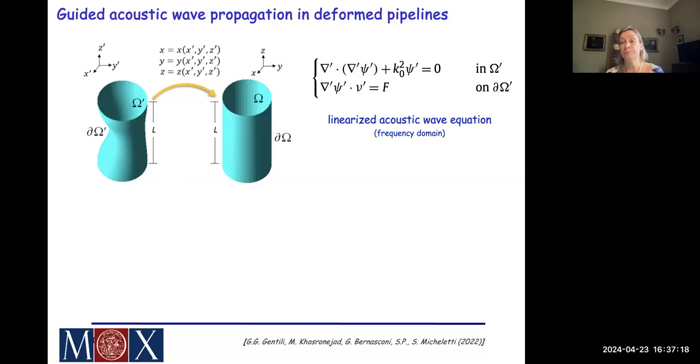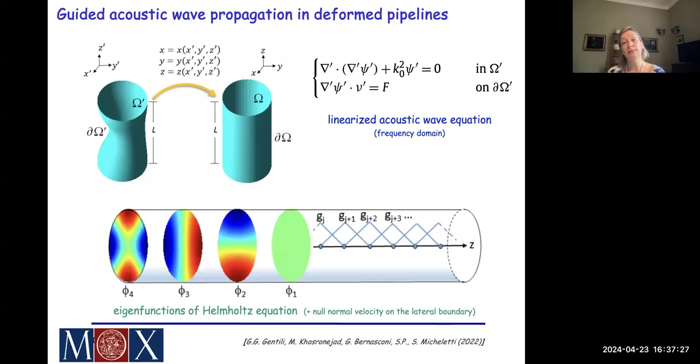So essentially, the problem that we have solved in such a case is the standard linearized acoustic wave equation in the frequency domain. And we have selected in such a case as a modal basis function the eigenfunctions of the Helmholtz equation, of course, properly closed with suitable boundary conditions. Here you have some examples of such eigenfunctions.